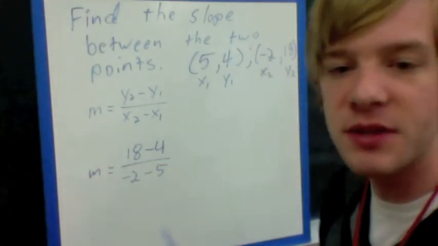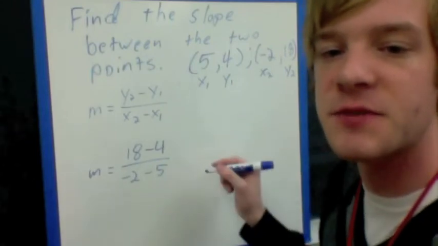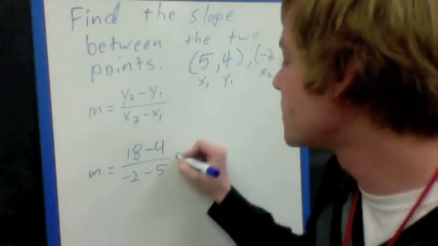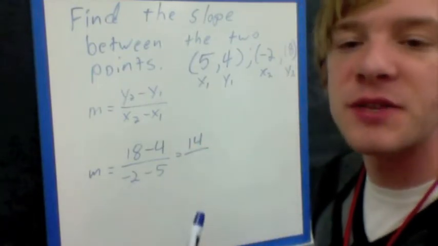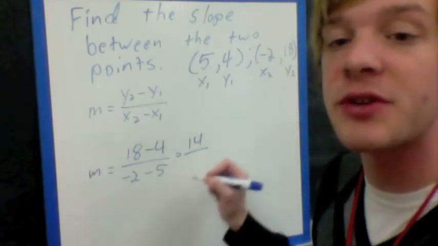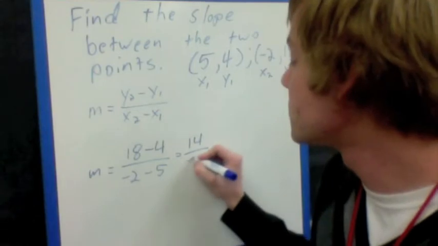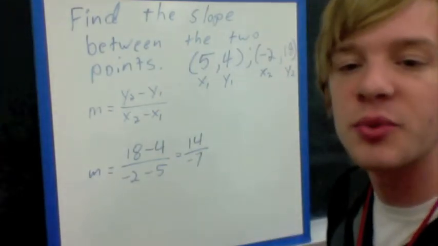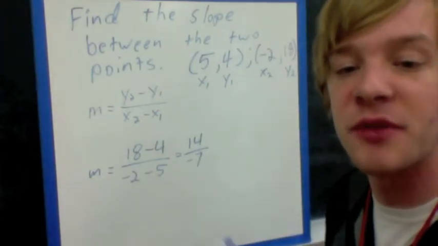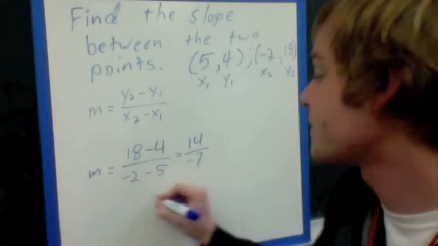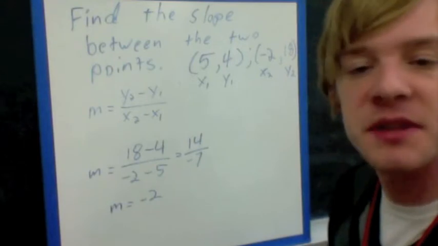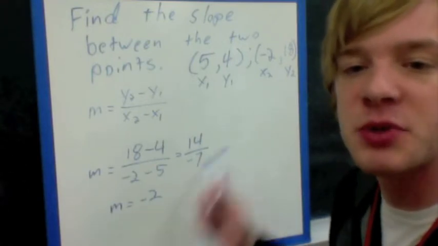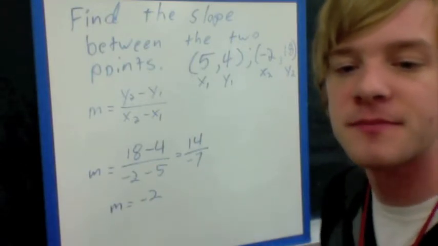So now that we have this, we can just go ahead and solve. 18 minus 4 gives us 14. And -2 minus 5 is -7. So we have 14 over -7. And when we divide this out, we should get a slope of -2. And that's our answer. That's the slope that's between these 2 points.